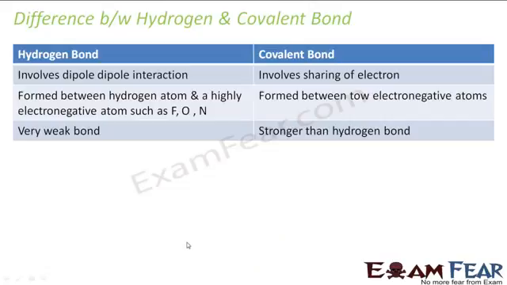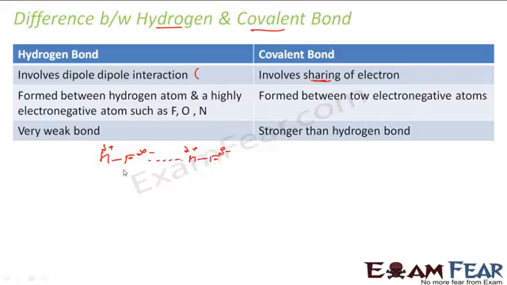So till now we have studied 2 kinds of bond, covalent bond and hydrogen bond. Let's study the difference between hydrogen bond and covalent bond so that there should not be any doubt. Hydrogen bond involves dipole-dipole interaction. We'll study more about this when we talk about van der Waals force in the next chapter. Covalent bond involves sharing of electrons. For example, in this case, I have HF. There is a dipole created, negative here, plus here. The more HF you have, it has negative here, plus here.